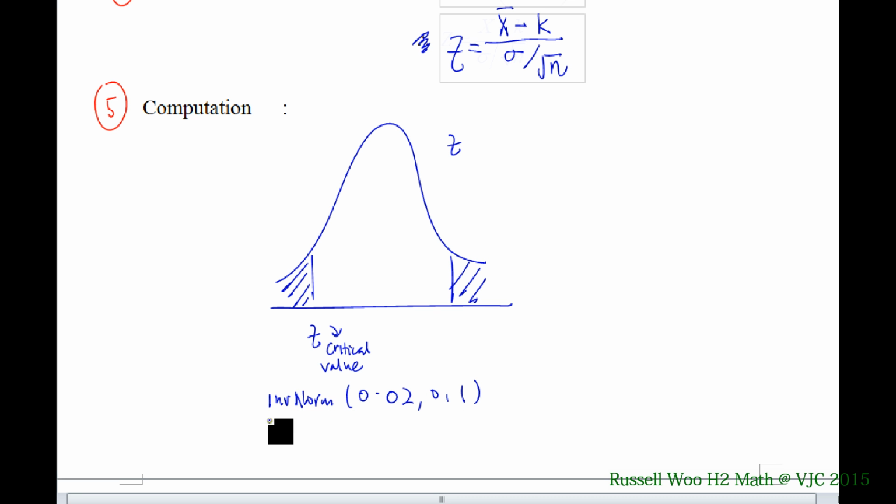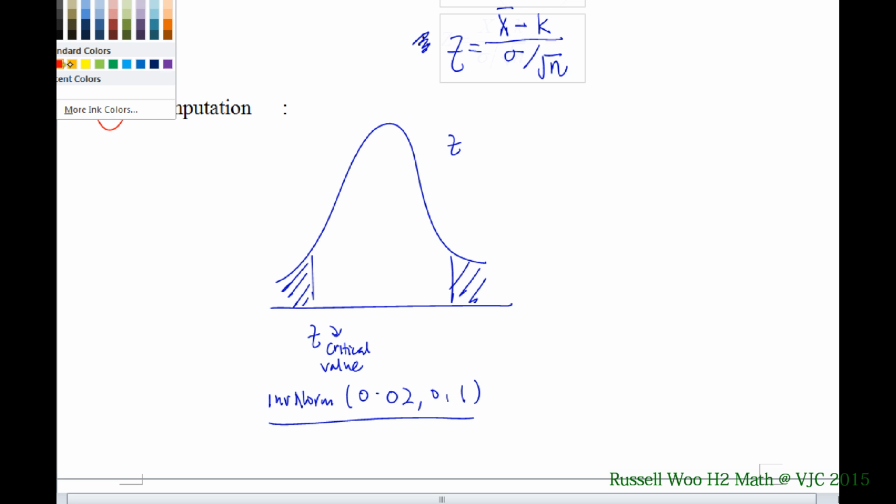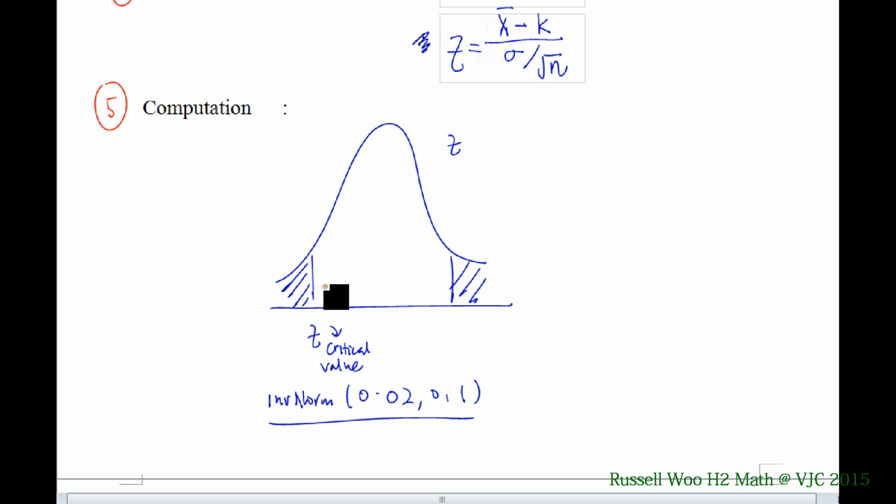This is your Z. Then you will get a value. Anyway, don't need to copy, it's all in your notes. Negative 2.0537. By symmetry, the other side must be 2.0537.